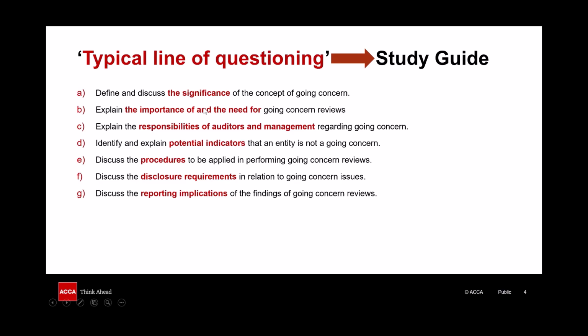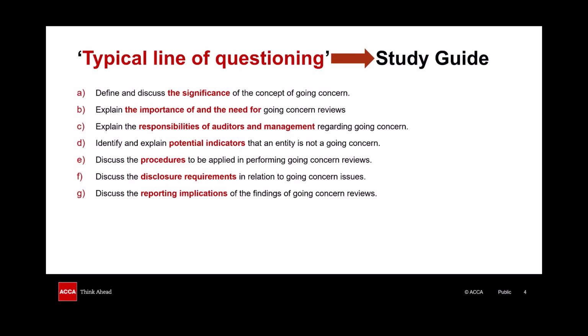Writing about the significance and importance of a concept can easily earn you 2 to 4 marks in a factual knowledge question. But here is where it gets trickier. If you want to tackle a more scenario-based question, especially in section B of the exam, it is not enough to just know the basics.